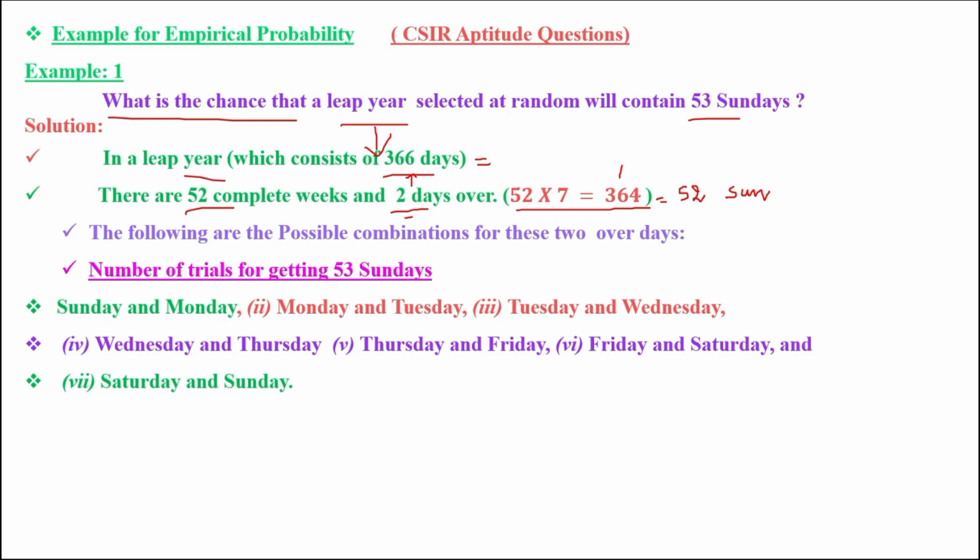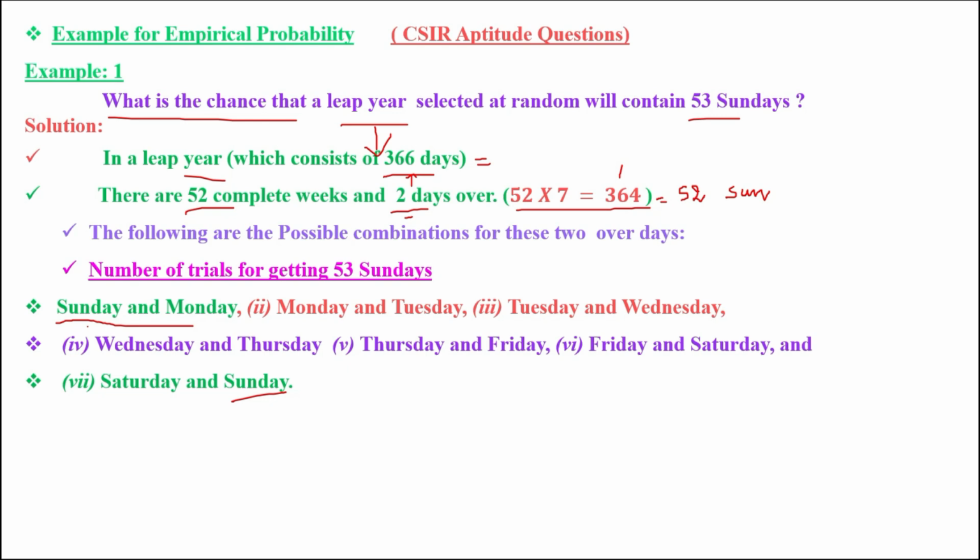Our aim is only to count the Sundays. Here how many possibilities? 1, 2, 3, 4, 5, 6, 7 possibilities. In these 7 possibilities, how many contain a Sunday? 1, 2. 2 exist.